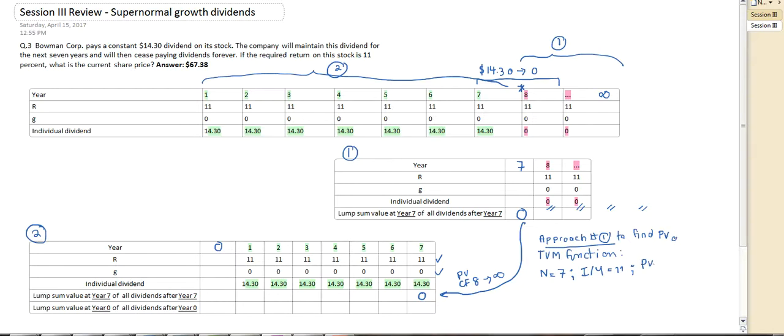PV is what we need to compute, so we leave it like that. PMT is the amount of money that you receive or pay with the same amount and same frequency, which is 14.3 in this scenario. And the last part is FV, which here is 0. So you compute for PV.